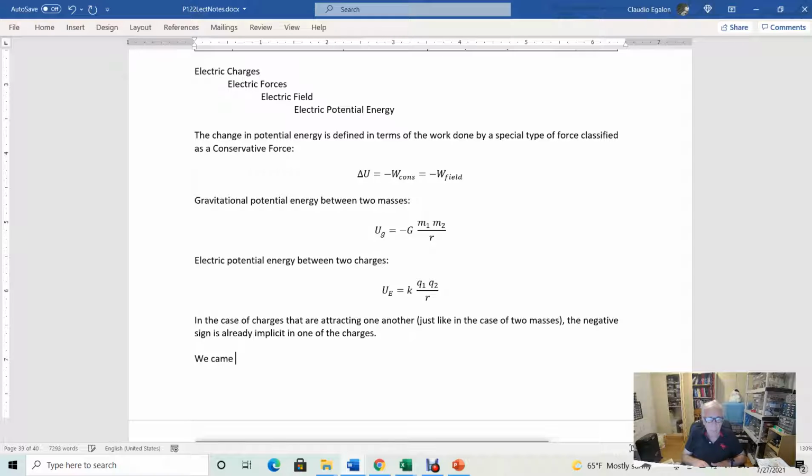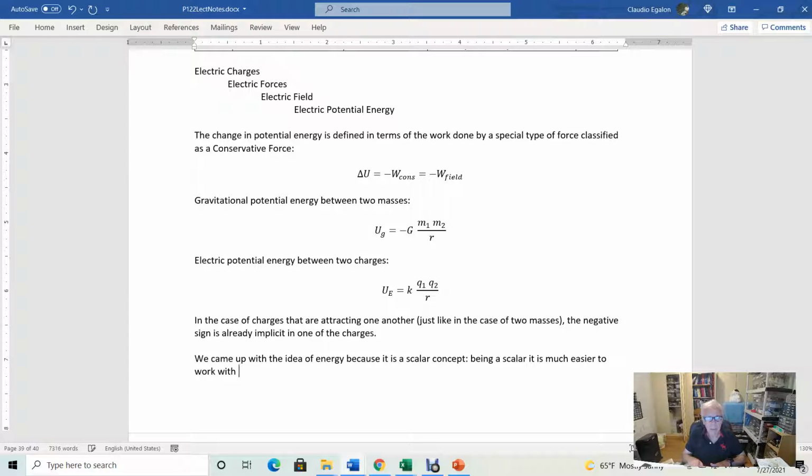We came up with the idea of energy because it is a scalar concept. Being a scalar, it is much easier to work with it mathematically.